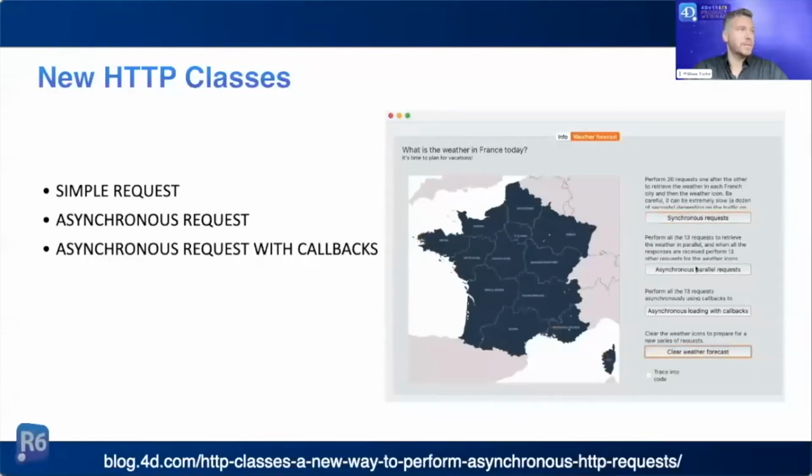I can clear it. There you go, asynchronously in parallel. Clear it. We're going to do loading with the callbacks. And the "How do I" from the blog is a great example of how this works in a really simple way, getting weather using a weather API.